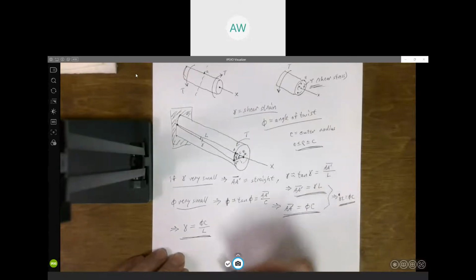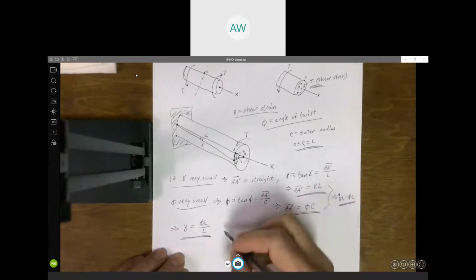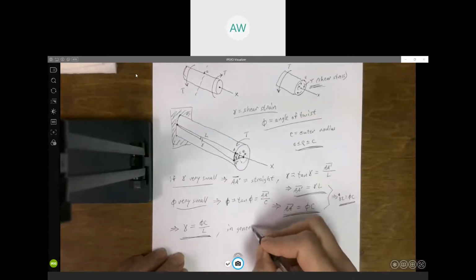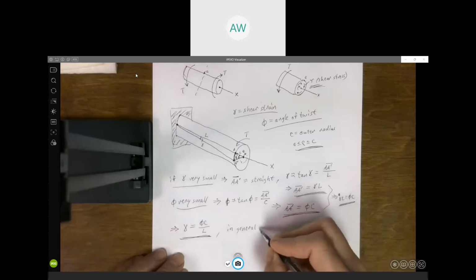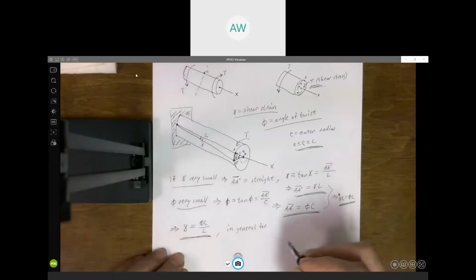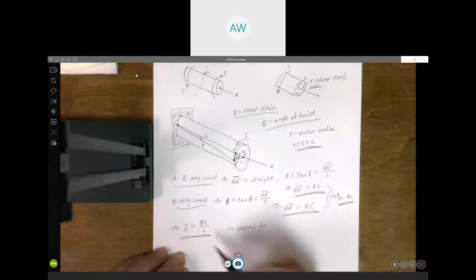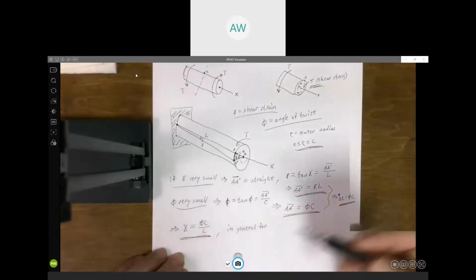Now, just in general, typically when you're looking at twisting circular shafts, you're going to be interested in the outer surface, and this would be the shear strain at that outer surface.